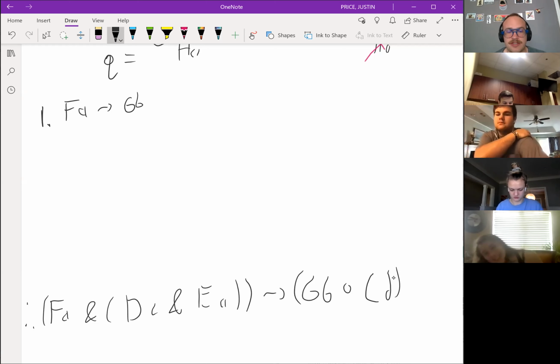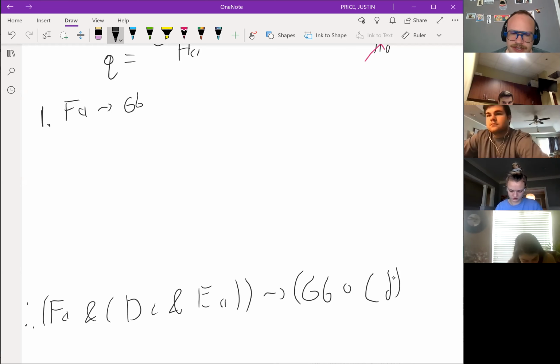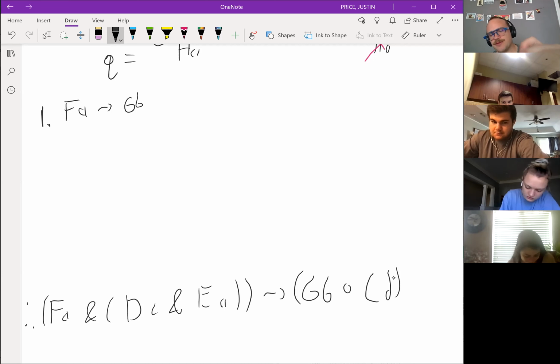Meaning we have to introduce them somehow into our derivation. So whenever you see that, you're going to be thinking about assumption rules, or disjunction introduction. I like thinking about assumption rules because they're really straightforward when you think backwards.